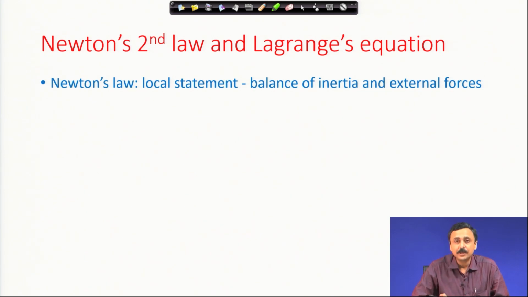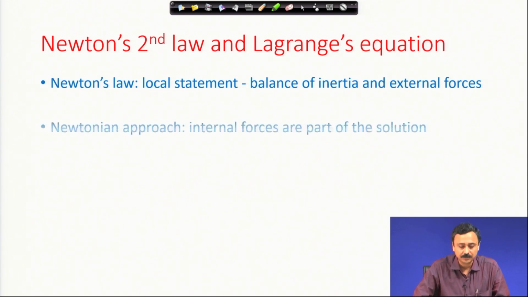It is a statement about balance of inertia forces and applied forces, or external forces. So, when we apply Newton's second law for a particle, for example, we have the inertia force in terms of mass times acceleration, and that is equated to the applied force. Now, this is true at every point. So, that is why I call it a local statement.